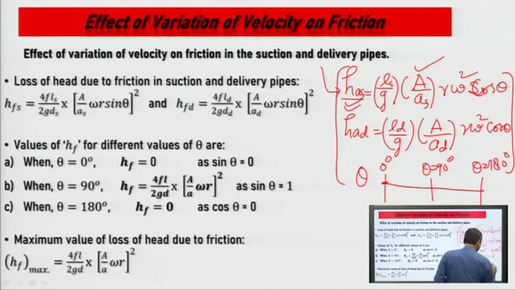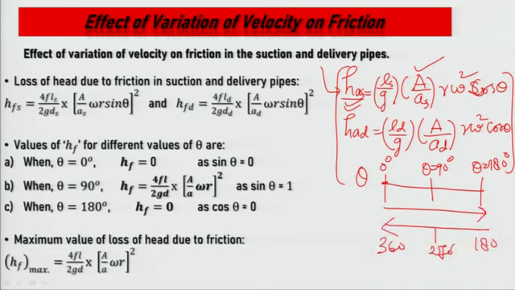This is the suction stroke, and the other is the delivery stroke, where theta goes to 270 and then 360. At the beginning there is no effect, so H_AS equals 0, and H_A equals 0 at the middle of the stroke. We discussed this in detail in the first session of the reciprocating pump.